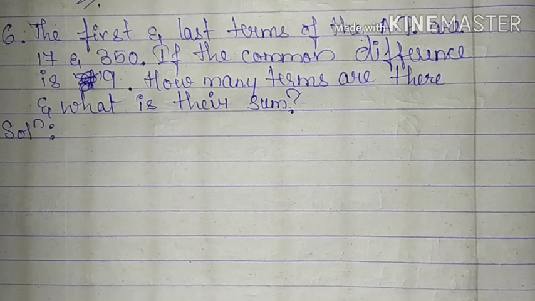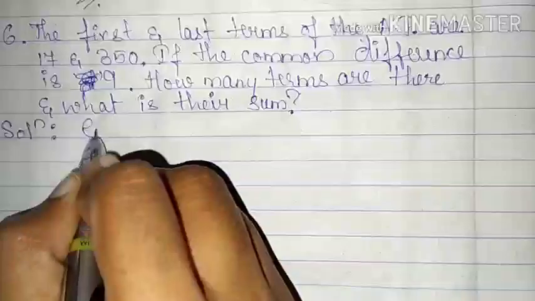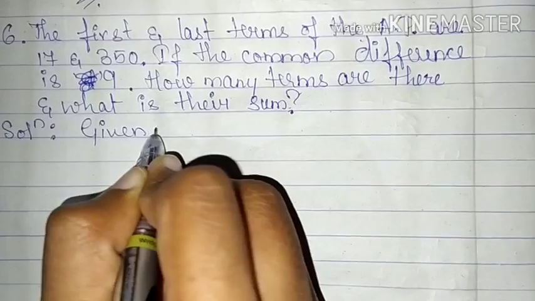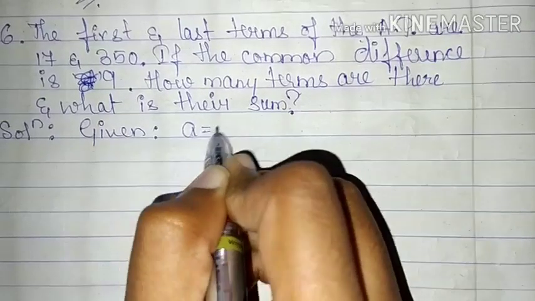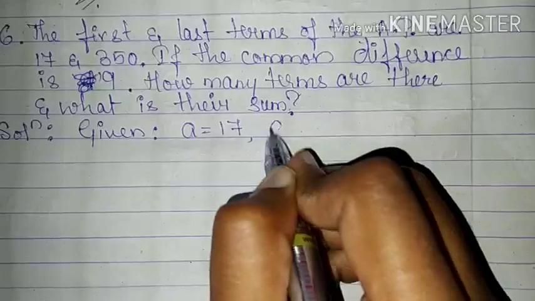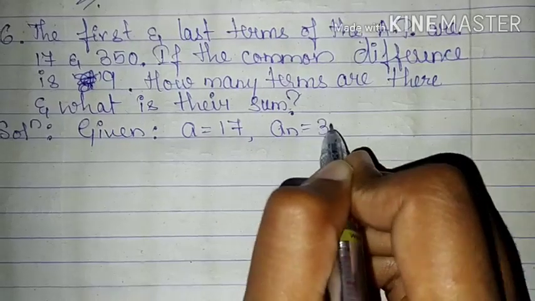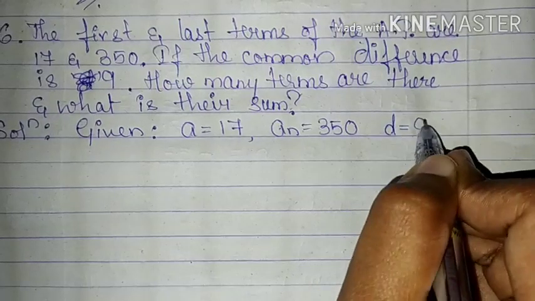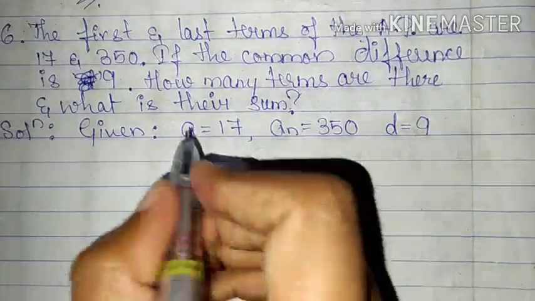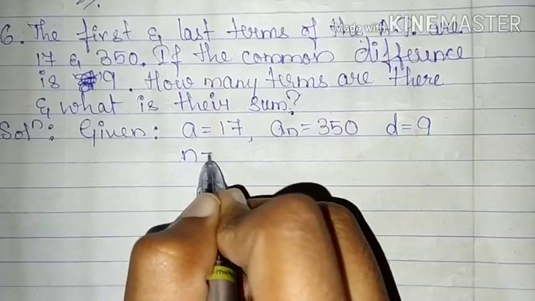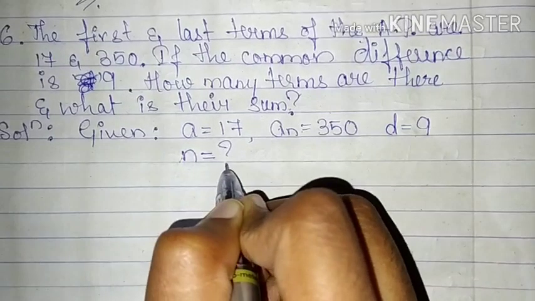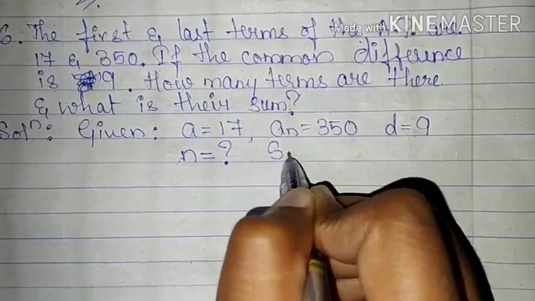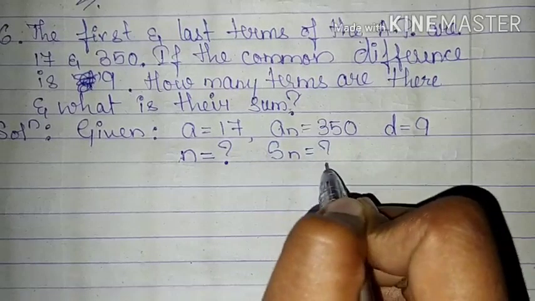that is Sn. So first let us write down the given: a is equal to 17, an is equal to 350, that is the last term, d is equal to 9. So now how many terms are there? That is n is equal to how much, and what is their sum? Sn is equal to how much?